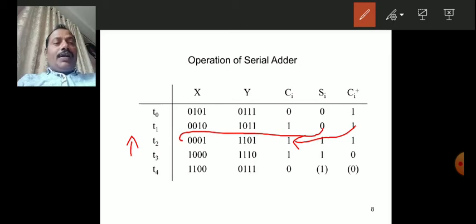The carry bit is shifted by the D flip flop, the sum bit is shifted into the X register, and each bit of the X register is also shifted right simultaneously.